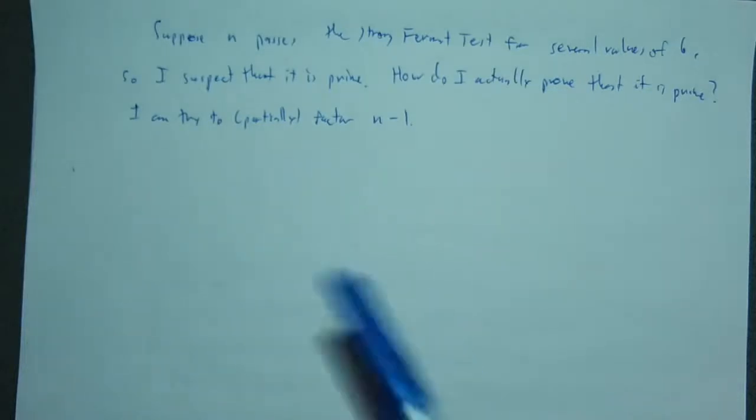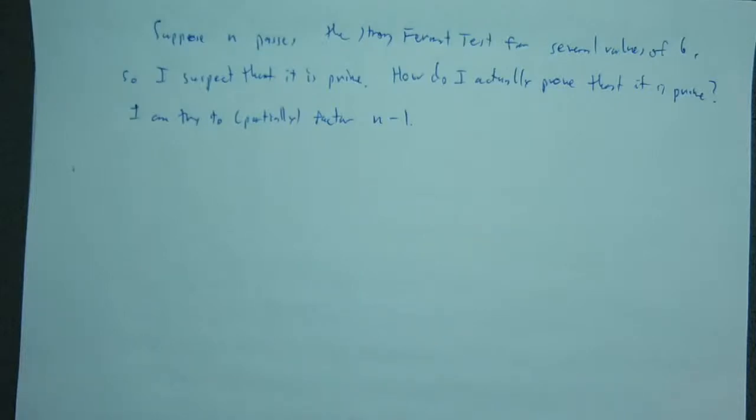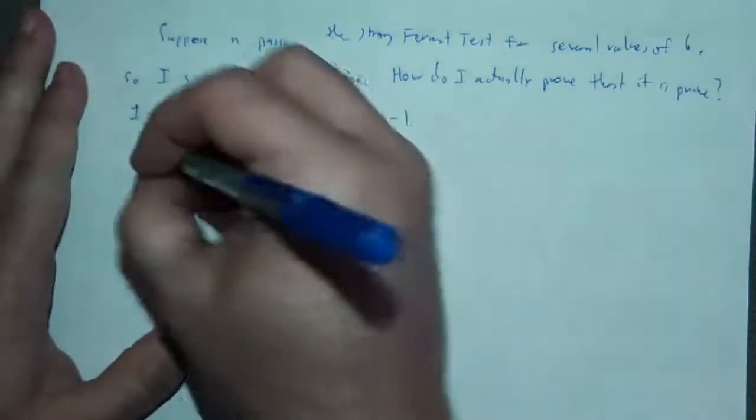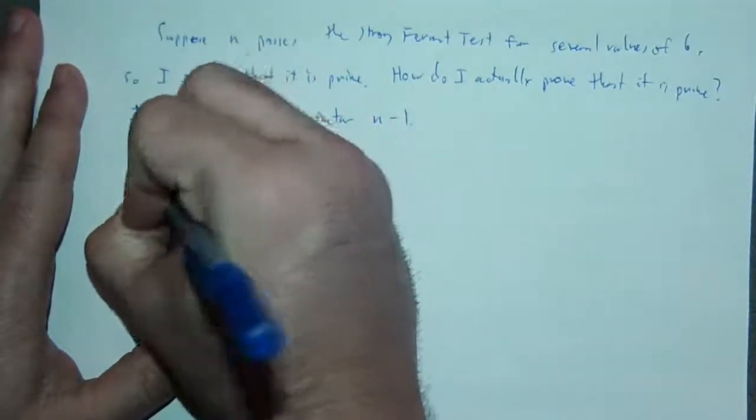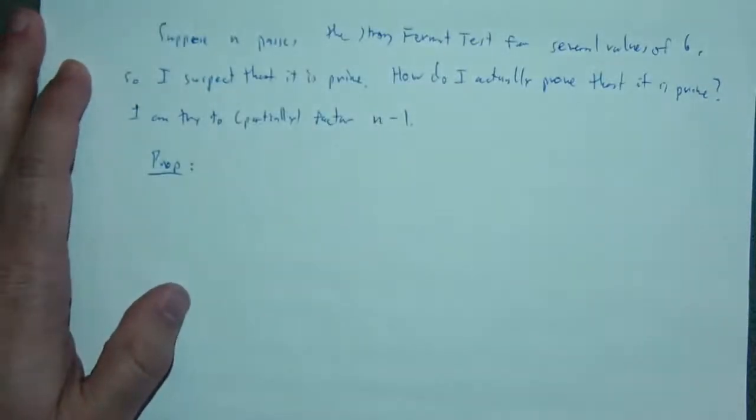Now, in the event that we can't do this, in terms of the methods that we're going to talk about in this course, we're kind of screwed, because if I want to use any kind of more sophisticated method, it would take a lot more effort to go into that. But in the event that we can partially factor this n minus 1 satisfactorily, then we're in good shape. So the idea is called the Pocklington-Lehmer test.